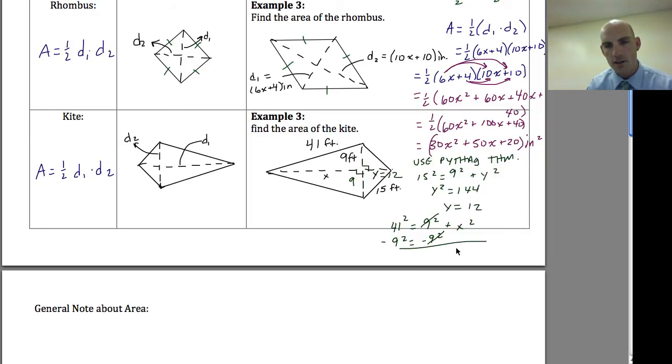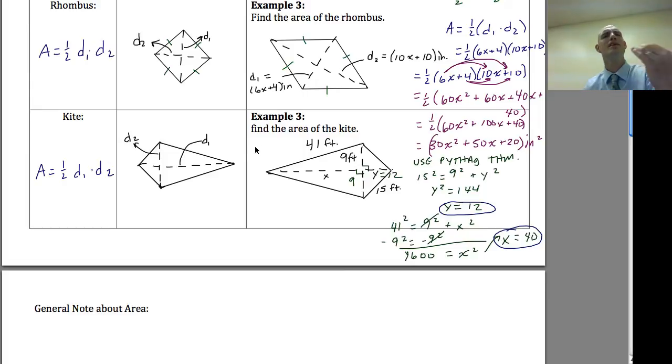So we have x squared equals. Now, when we do 41 squared minus 9 squared, we end up with 1600. So that means that x equals 40. I went over those pretty quickly because this is just Pythagorean theorem. And we know that we have right triangles here, so this should be really, really second nature to us.